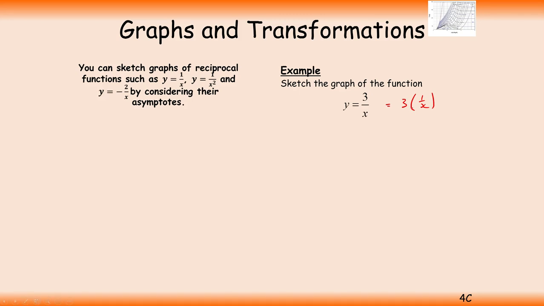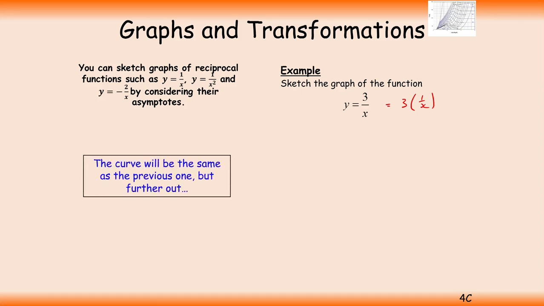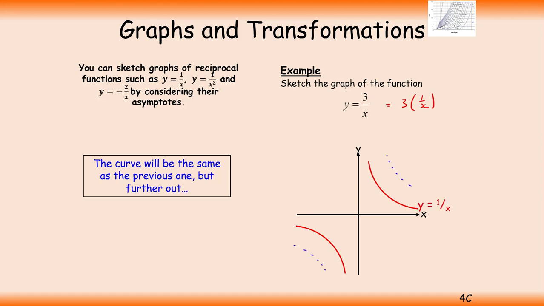So it's going to be exactly the same as 1 over x, except it's further out, because it's 3 times the value. So that's our function y equals 1 over x in red. And the function y equals 3 over x is as such. So again, make some notes, write the example down and sketch the curves. When you're ready, hit play again.